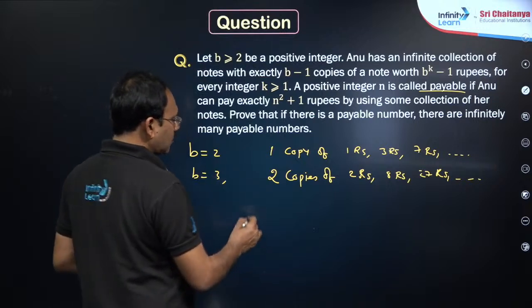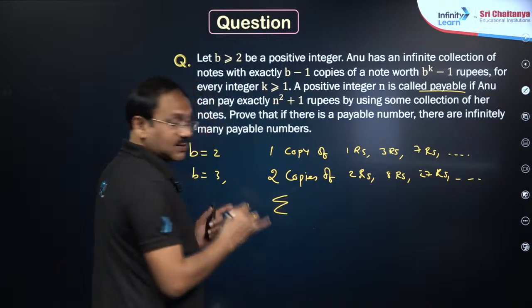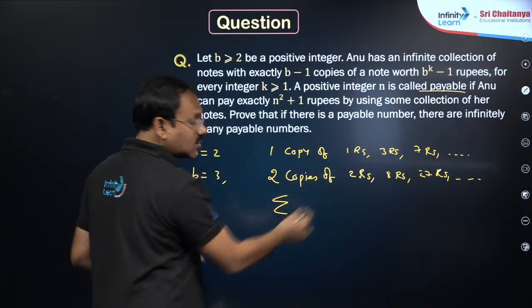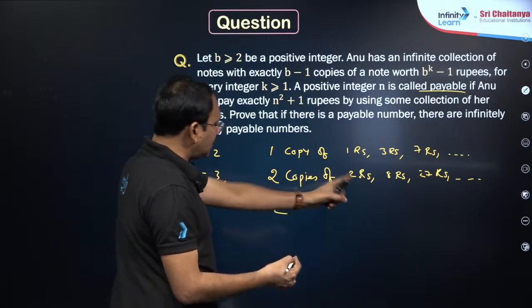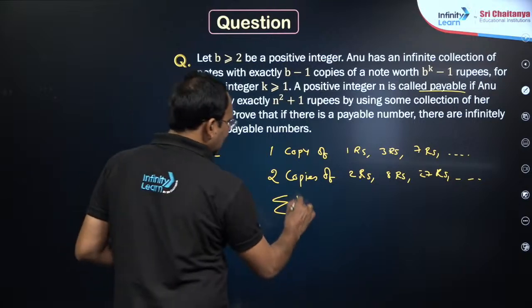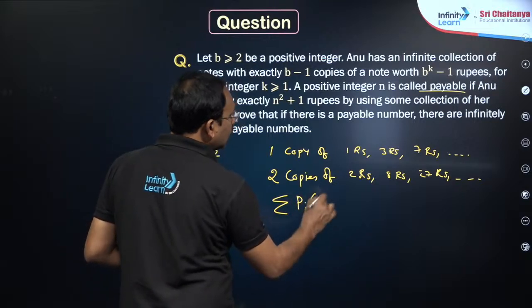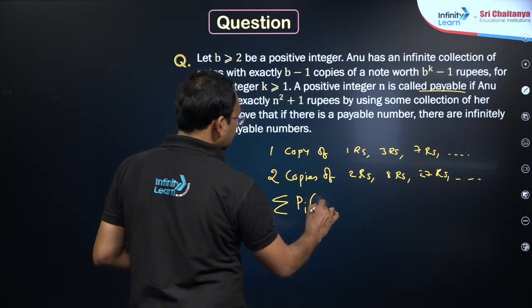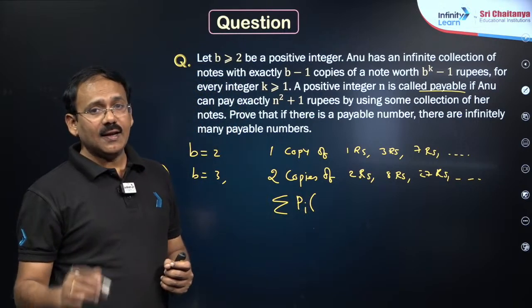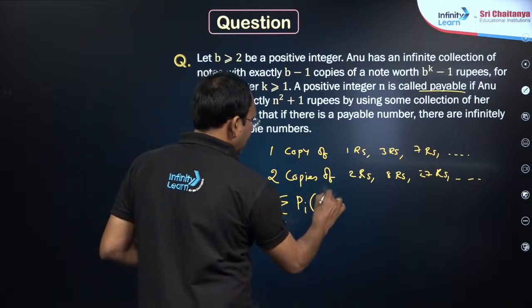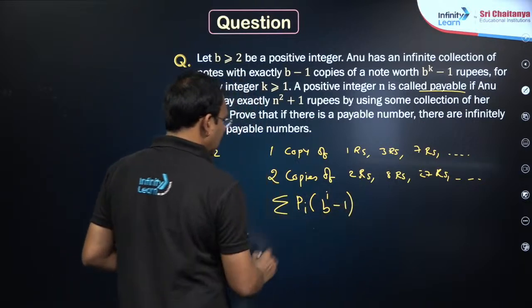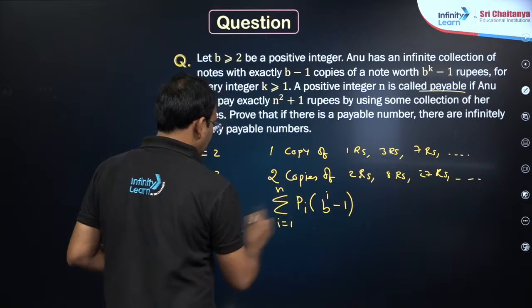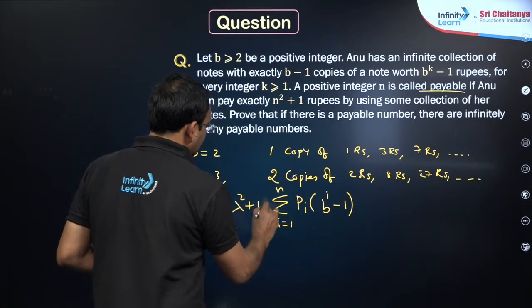You can write it like the product of b power I minus 1, where I is equal to 1 to n, and it must equal lambda square plus 1.